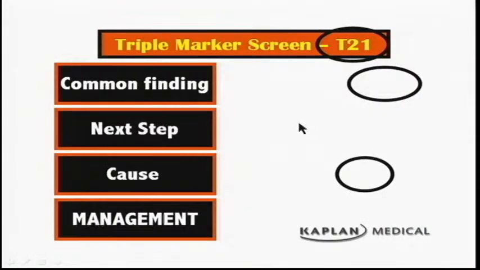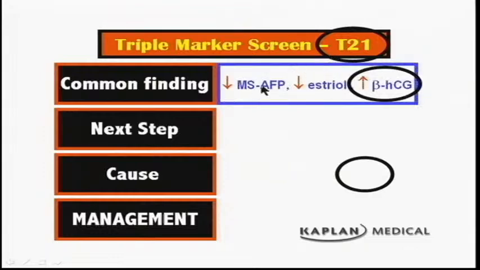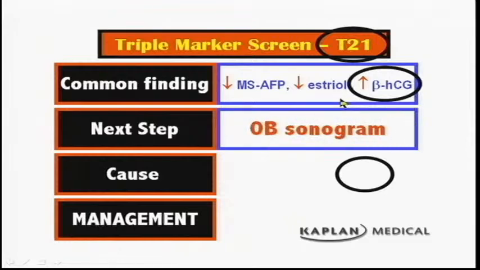Now, this would be a great board question. What is the profile that you'd expect with trisomy 21? The MSAFP is low, the estriol is low, the beta-HCG is elevated. That's a good board question. Next step in management, anytime you have an abnormal screening test, is OB ultrasound.